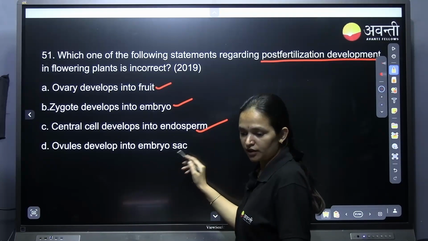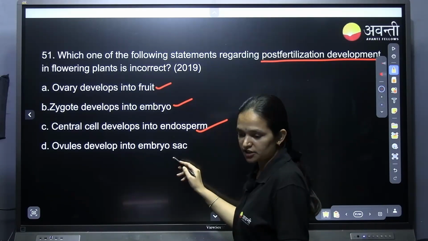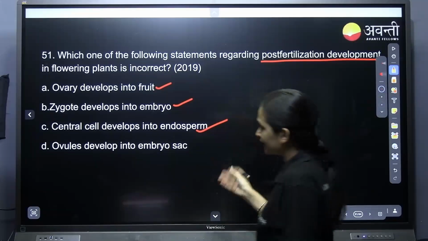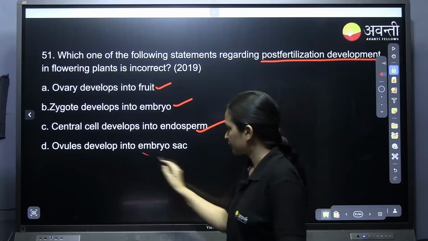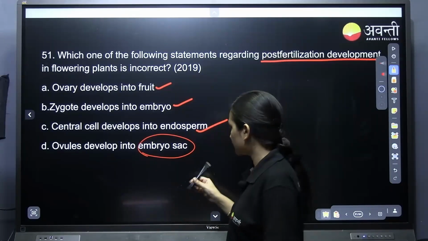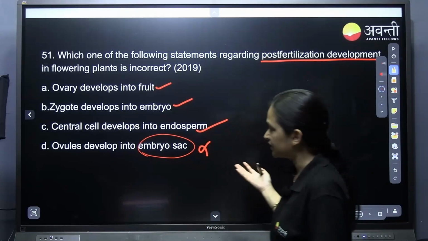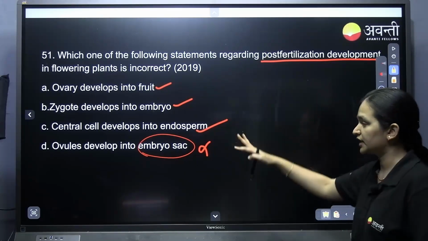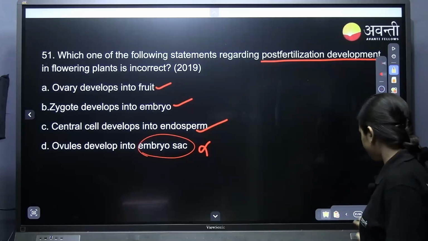First of all, it's not an event in the post fertilization, and second of all, ovules develop into embryo sac? No, inside the ovule there is an embryo sac to begin with, isn't it? So ovule develops into embryo sac? No, it cannot make a proper sense here. And first of all, it is not a post fertilization event at all.